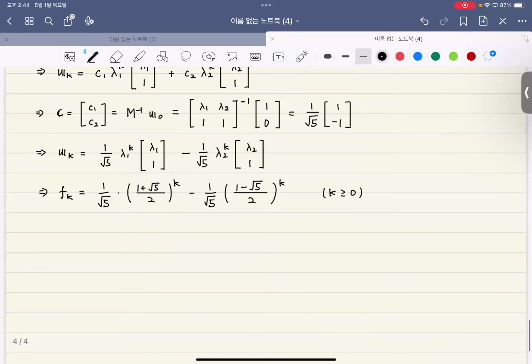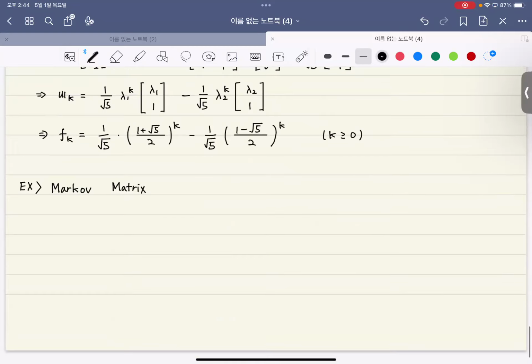There is another very interesting example: the Markov matrix. The problem goes like this.